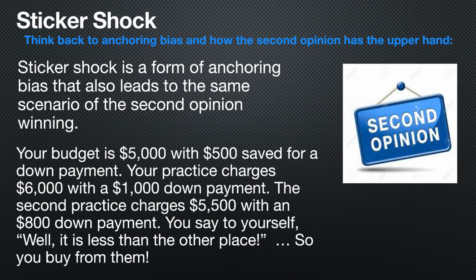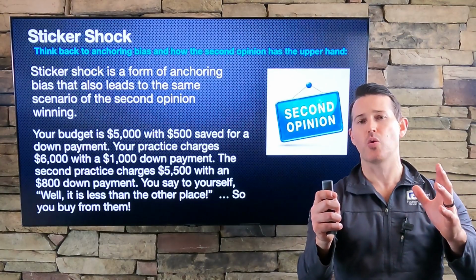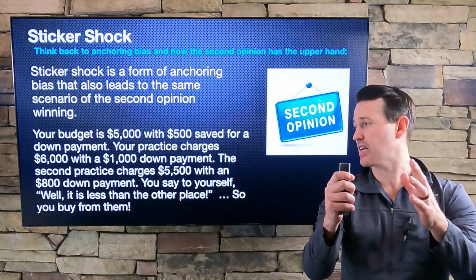Your budget is $5,000, all right? You have a patient, Janice, walking in your practice. Her budget's $5,000. She has $500 saved for a down payment. She's ready to go if somebody can hit that. She walks into your practice, charges $6,000 with a $1,000 down payment. That's how it's verbalized to her as well. So she got hit, anchoring bias, and sticker shock.